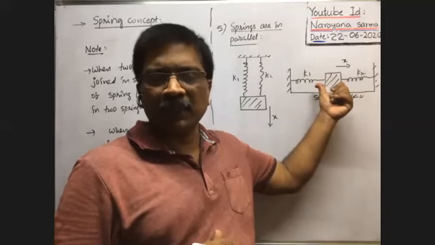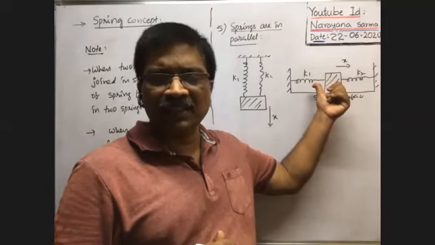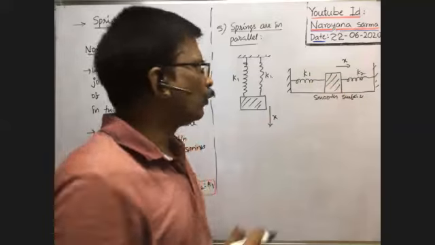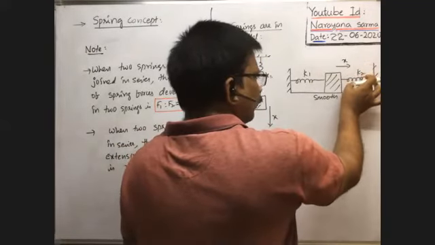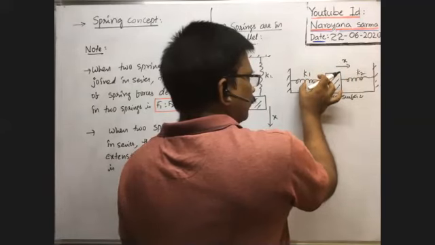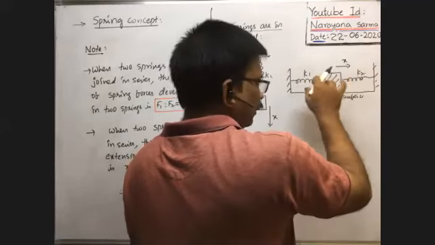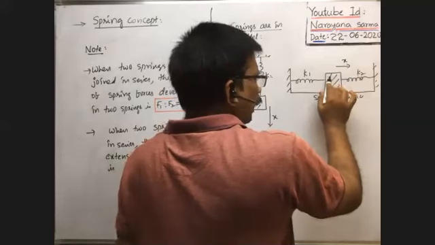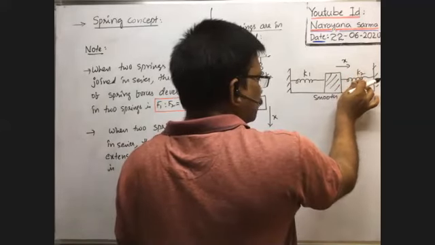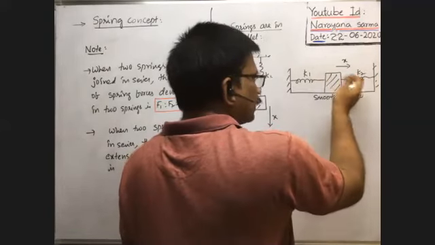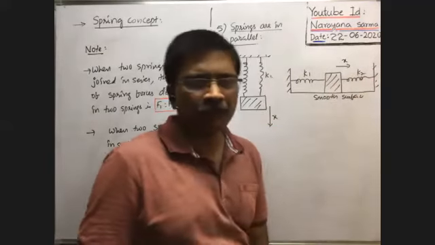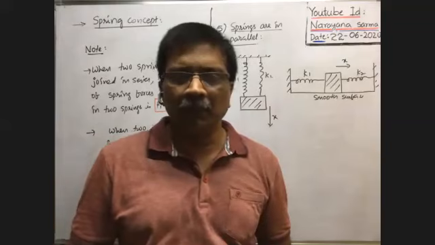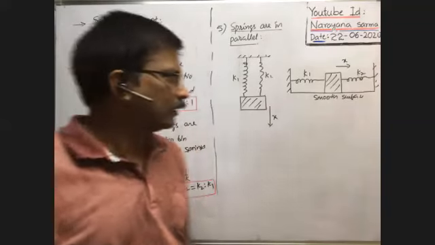Extension. Now you see, whenever the block is displaced, there is compression in one spring and extension in the other, both the same. In that case also, these two springs are said to be in parallel. Yes, they are in parallel.